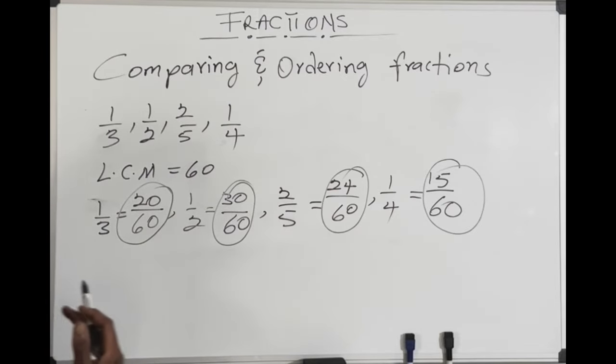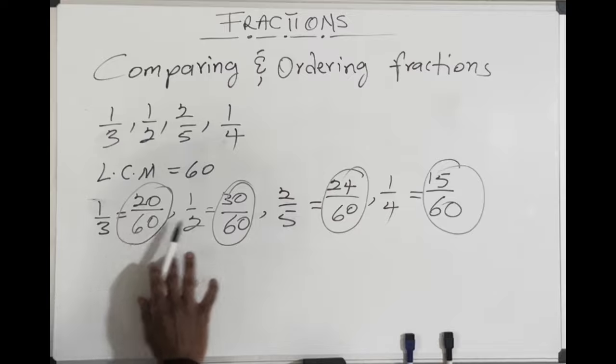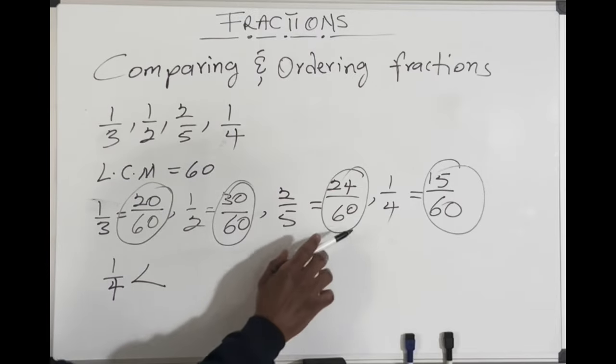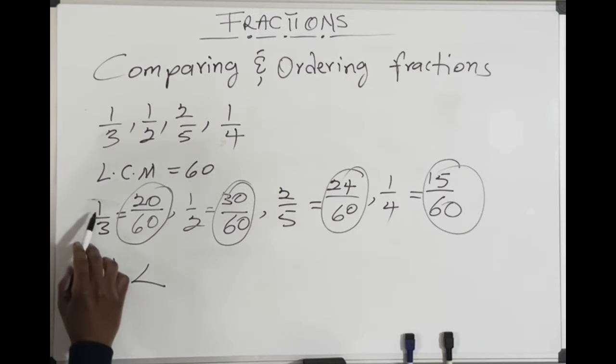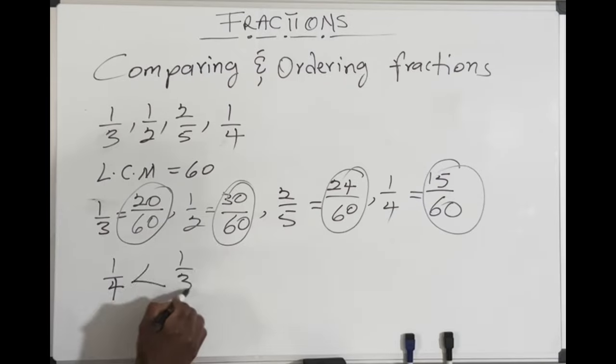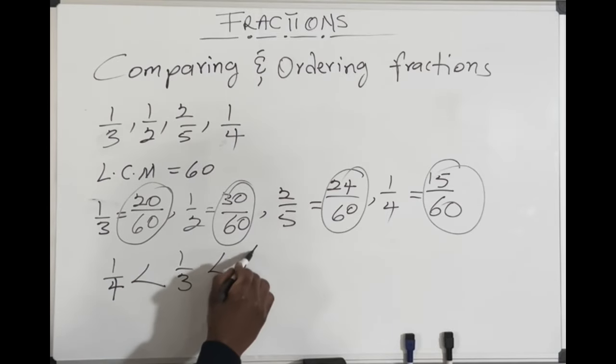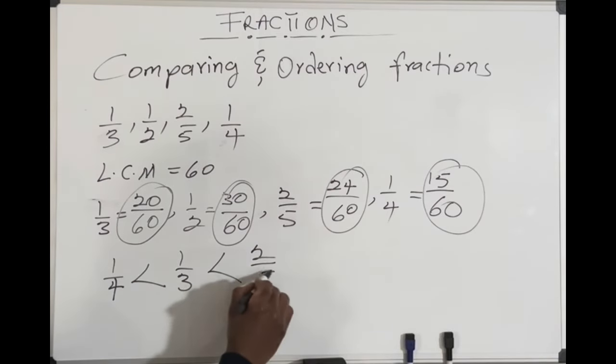So let's arrange them from ascending order to descending order. So looking through, I think 15 is the least. So 1 over 4 is less than 20, 1 over 3 is also less than 24, which follows, 2 over 5.